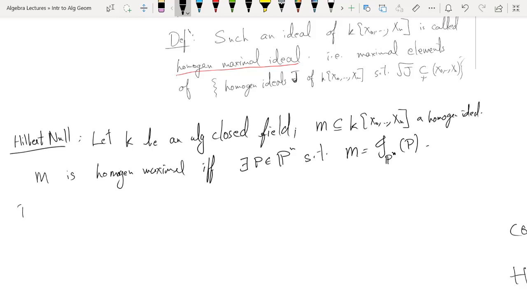So what is the proof? Maybe the two directions. Of course, if P is of this form, a point with coordinates (a0, a1, ..., an), then we want to show that the ideal of definition is a homogeneous maximal ideal.